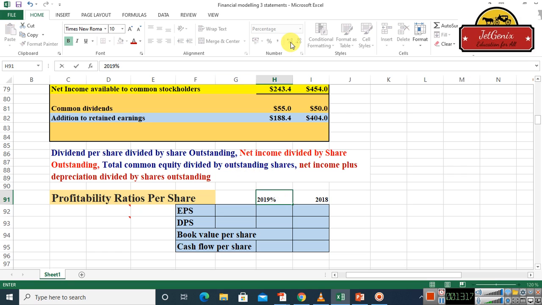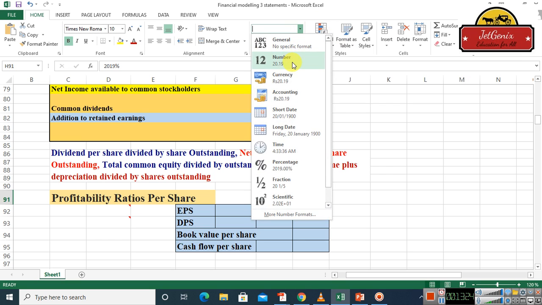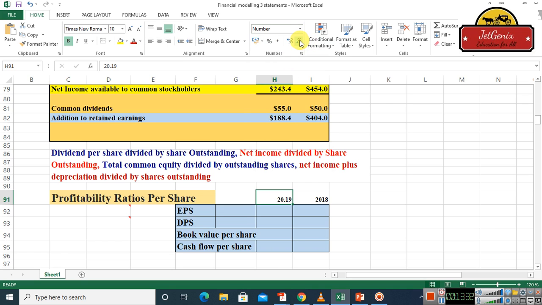Again, this is not a percentage, but it will be a number. Let me make it a number, and I will remove this. So 2019, I think it's okay now, yes.